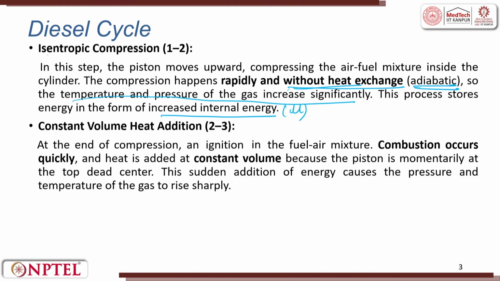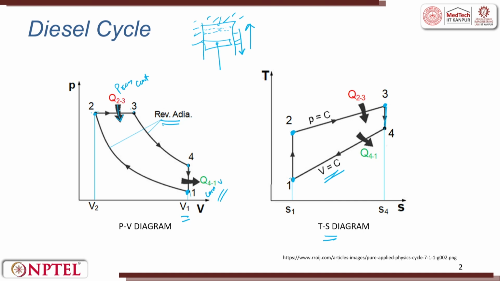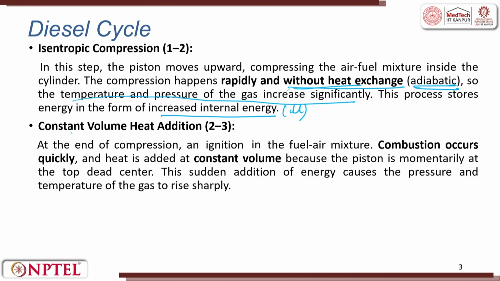Now let us go to the next step, 2 to 3. Please note down PV diagram 2, 3 and TS diagram 2, 3. It is called the constant volume heat addition process. Q is getting added. At the end of compression, an ignition happens in the air fuel mixture.